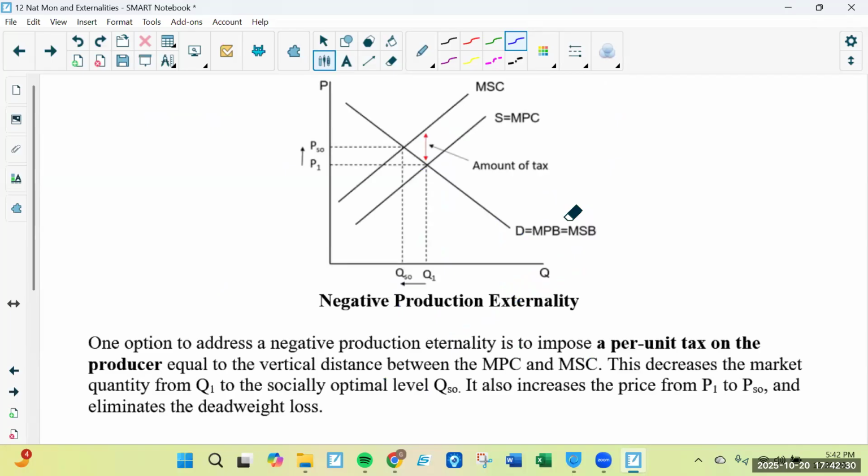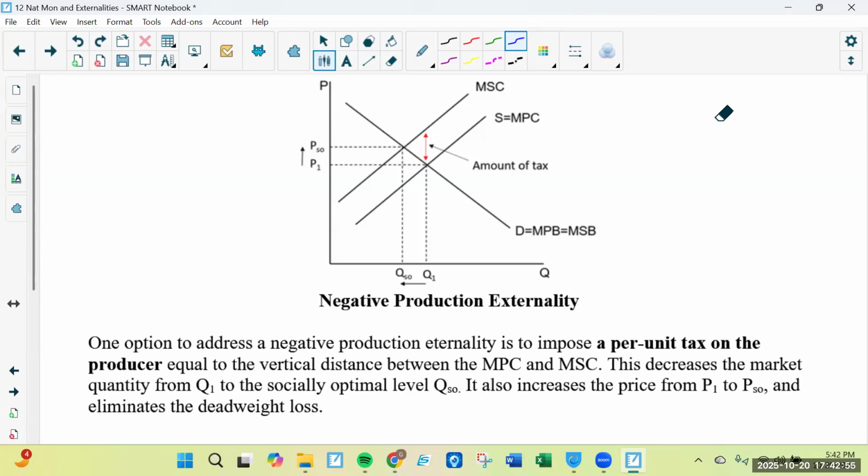Okay. So this would be a negative production externality. And the idea is we're at Q1, we want to be at QSO. So what we do is we target the seller with either a per unit tax, which causes the supply curve to shift to the left, environmental regulation, or a public provision.